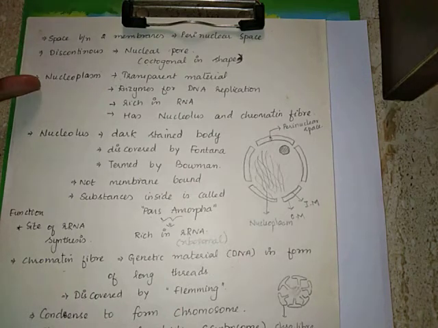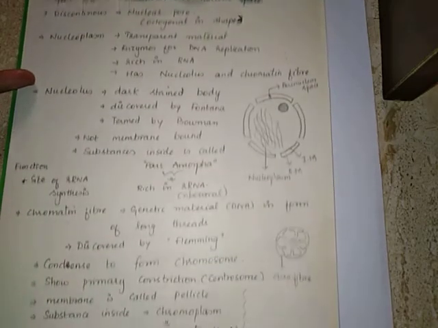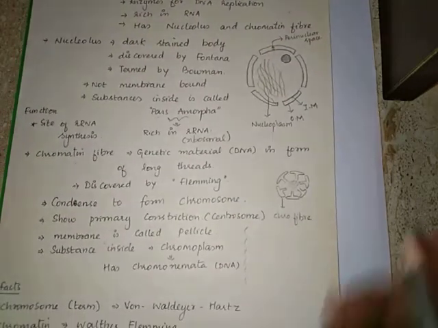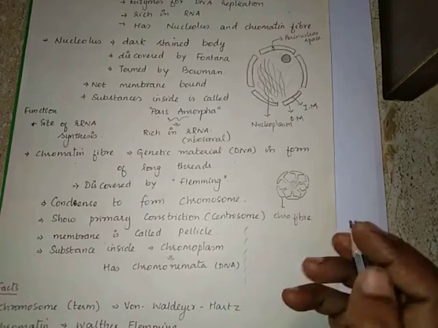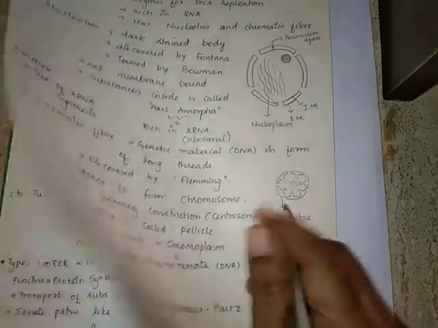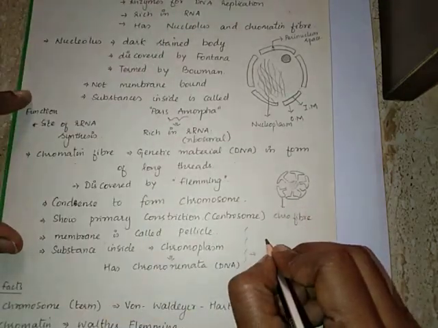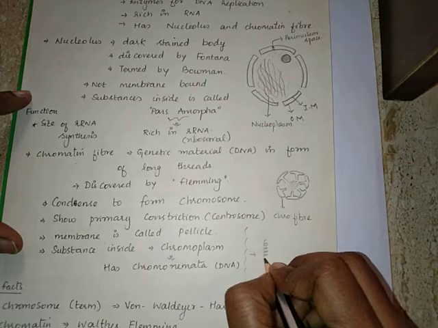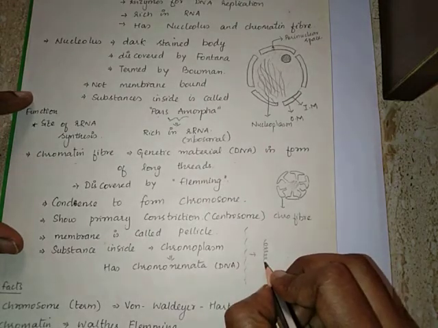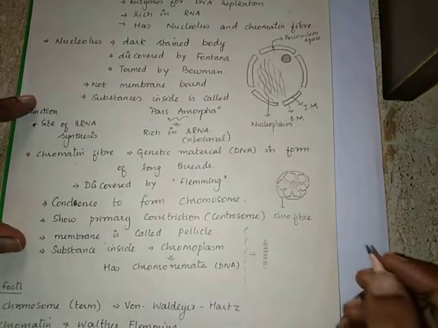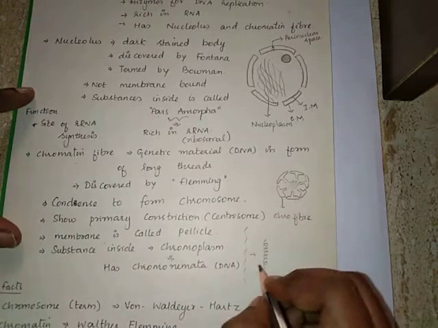And if we consider this is a single DNA molecule, a single chromatin fiber, this single chromatin fiber undergoes a process called condensation. Condensation, you would be studying it in detail in the 12th molecular basis of inheritance unit.